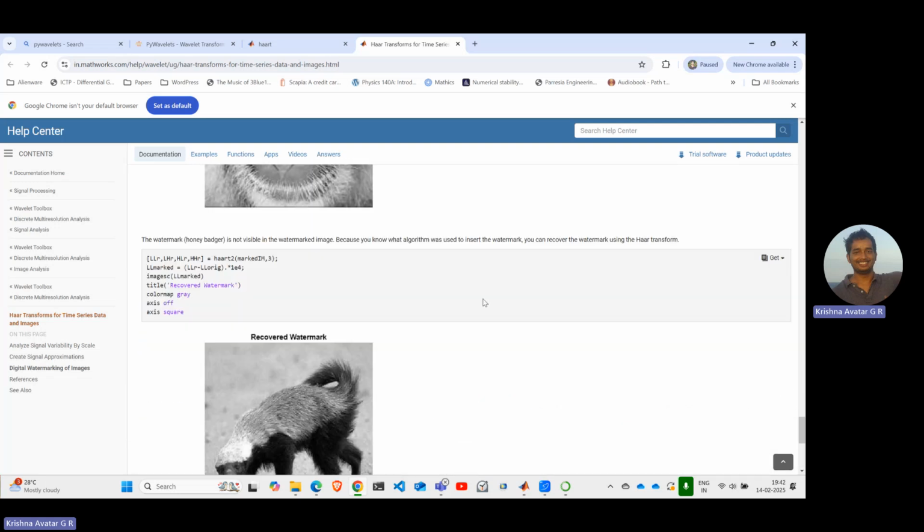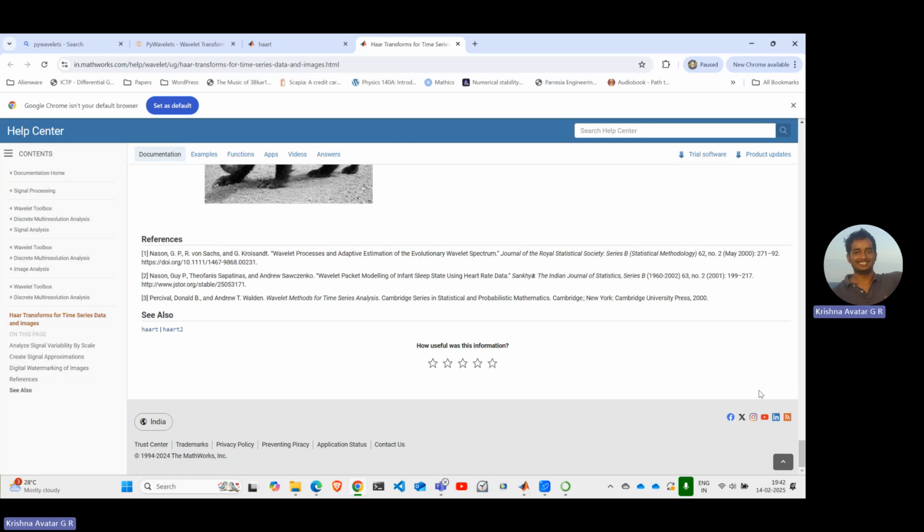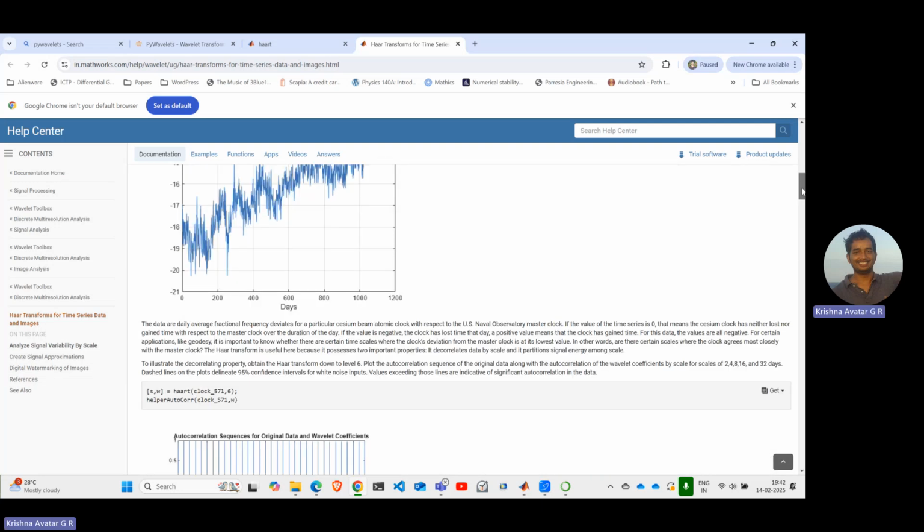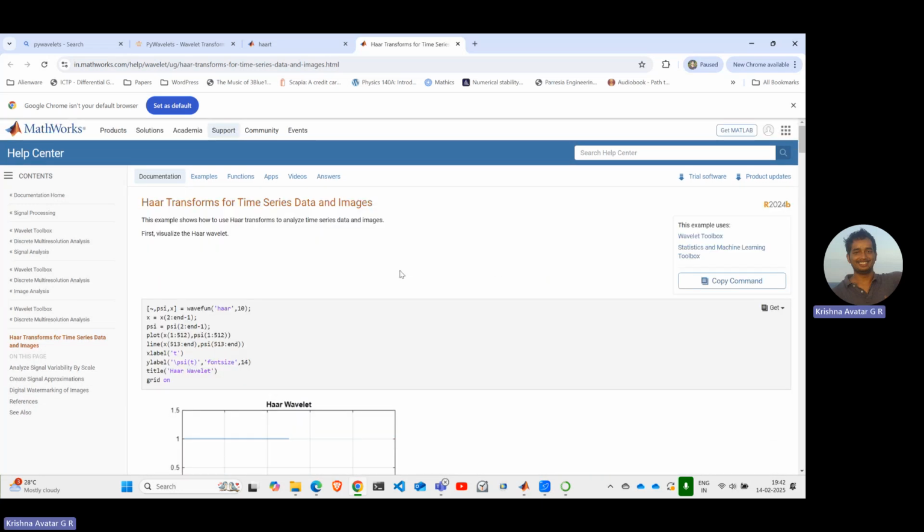So that is one such example. And for the rest, of course, you can take a look at the MATLAB documentation, which has quite a bit of resources to deal with and to be able to use for your own purpose, right?